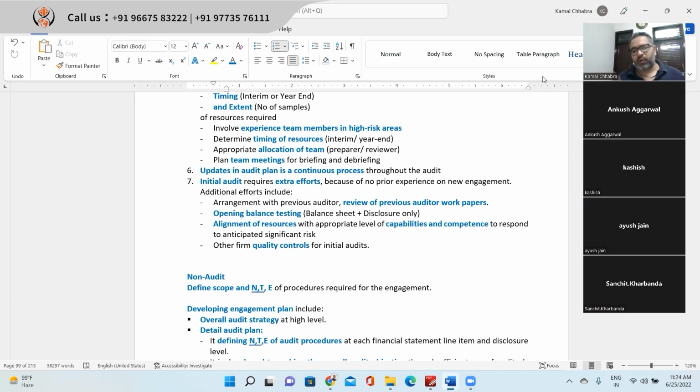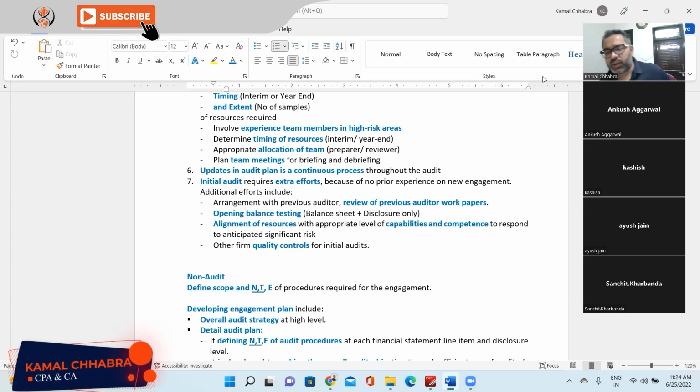If, for example, we are all CPAs or chartered accountants, we understand the fact. But the general public, let's say your dad or mom, your brother or sister, who are not from a finance or accounting background and do not understand these deep terminologies, want to invest in a company.